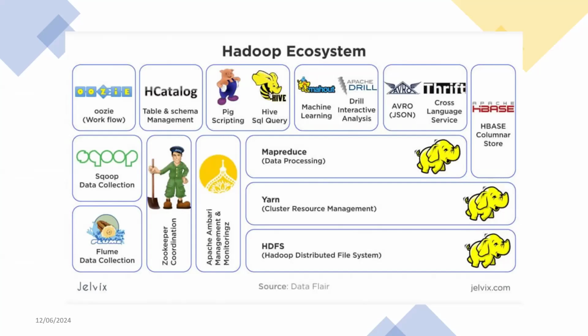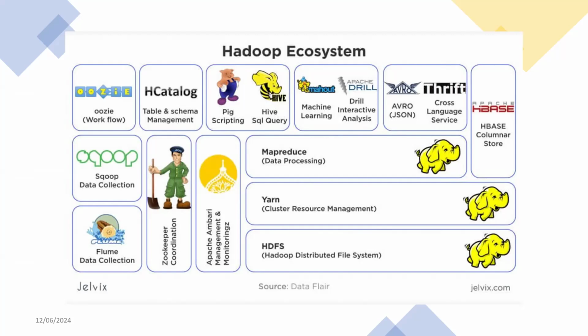As I told you earlier, Hadoop is an ecosystem. By saying it's an ecosystem, you have various different services to handle the different things you need to handle in big data.